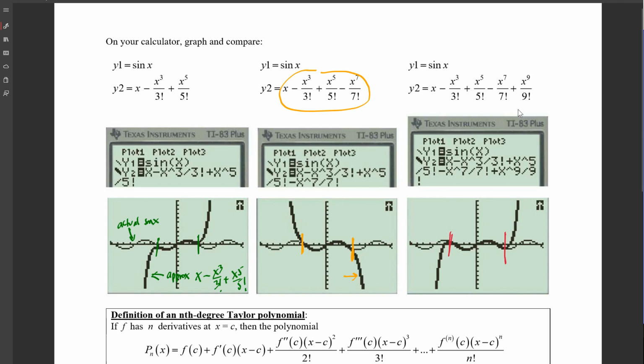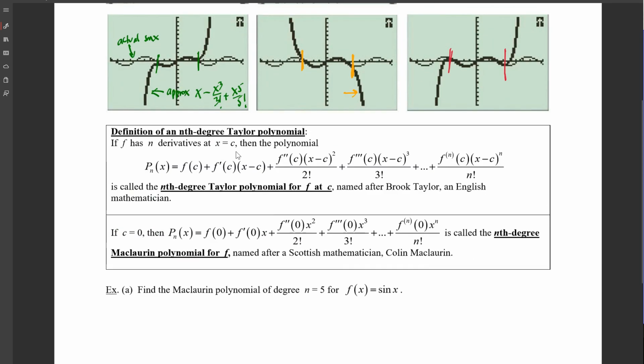So what we're going to do is think about how we develop these polynomials. These are called Taylor series polynomials, and here is the formula for it. An approximate polynomial, we call it P. Later on when we make it go to infinity, we might call this T for Taylor series, but it doesn't matter what letter you call it.